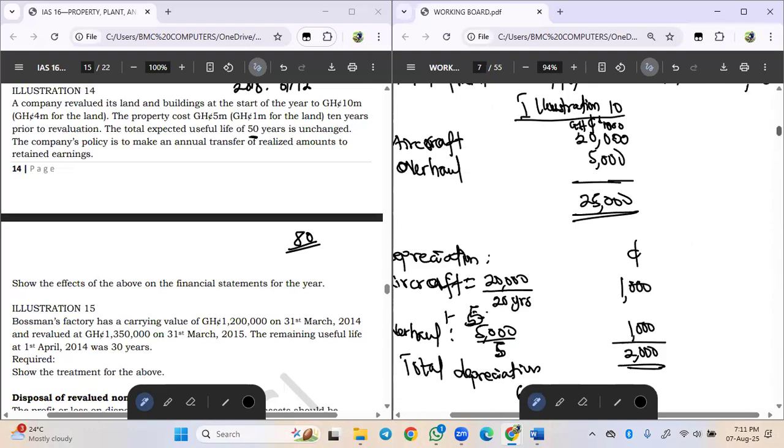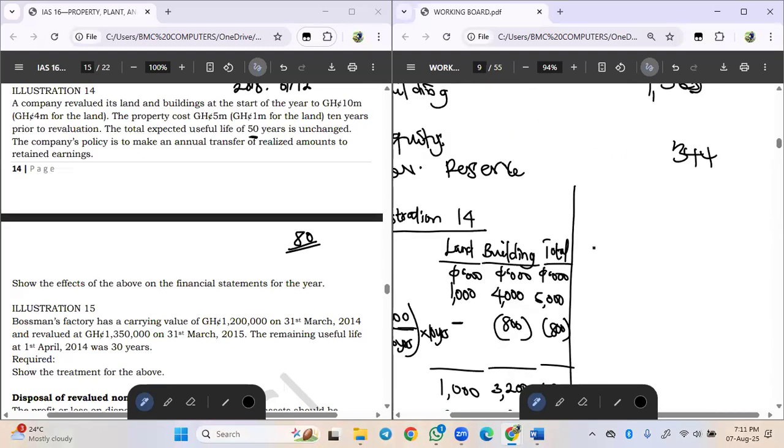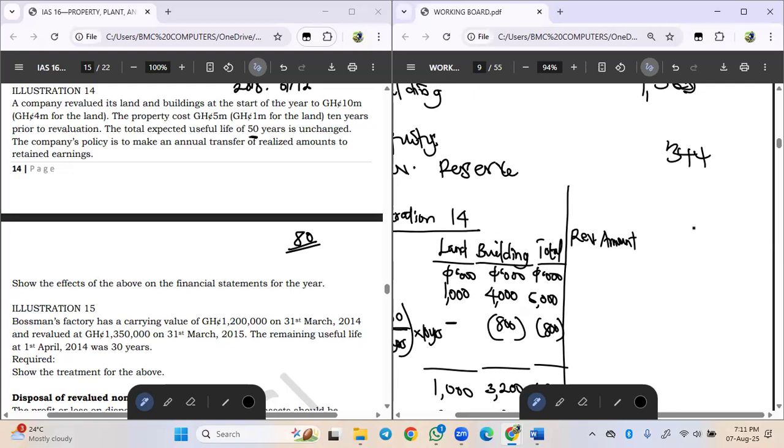So let me just write the revalued amount. I want to start here. For land, I have building, then we have total.